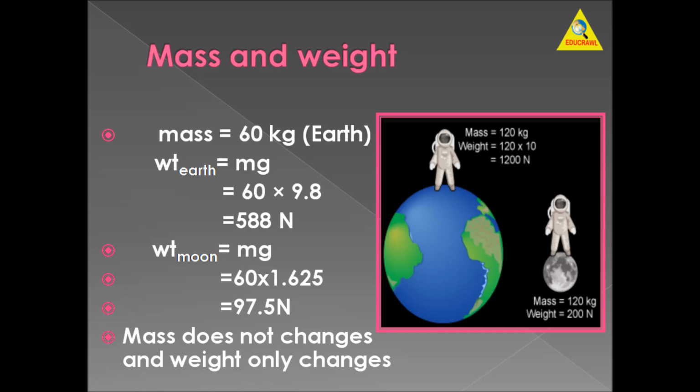So when we multiply we get the weight of the man on moon as 97.5 Newton. Hence, the mass of the person remains the same as 60 kg on earth and moon, but the weight varies from place to place.